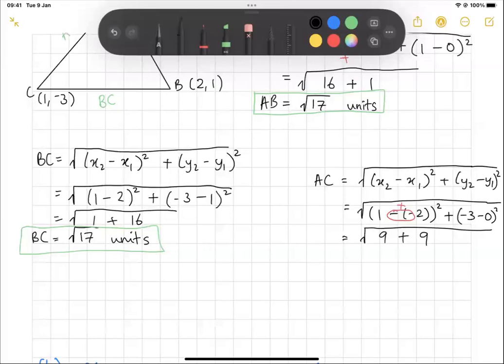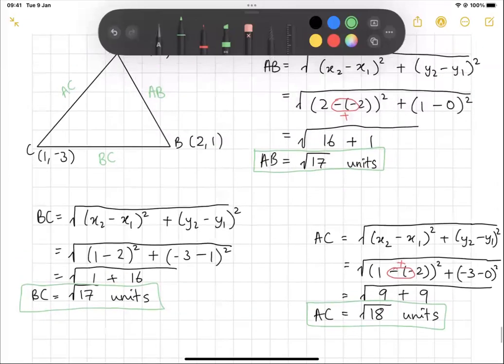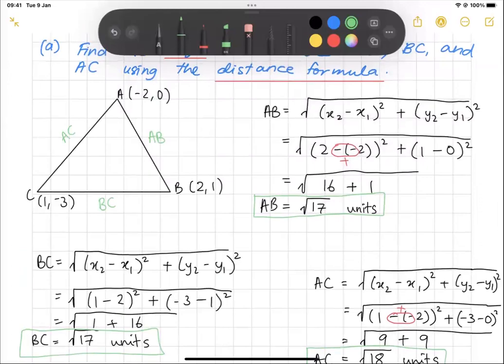Negative 3 squared is 9. My answer turns into square root of 18 units. So AC is root 18 units. And that's it. That's me solving for question number A.